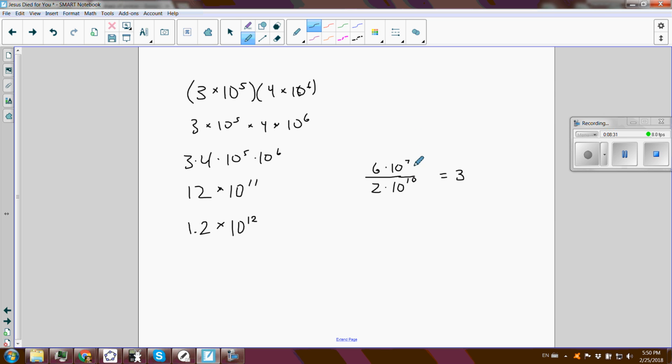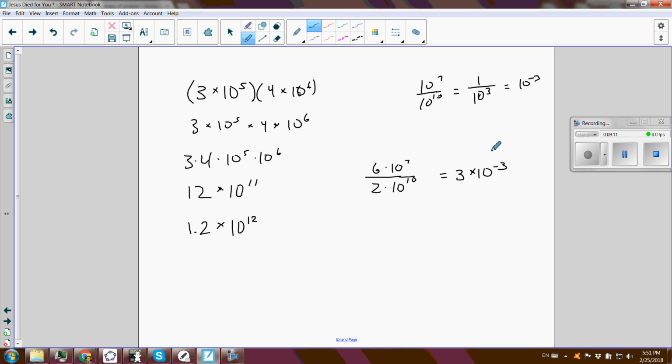Think about your exponent rules. When the tens cancel out, you end up with 1 over 10 cubed, which is 10 to the negative 3 power. You could also think about the subtraction rule: subtract the exponents. So that's 3 times 10 to the negative 3 power, and that is in scientific notation because you have one digit in front of the decimal.